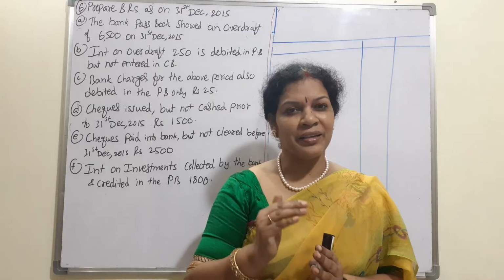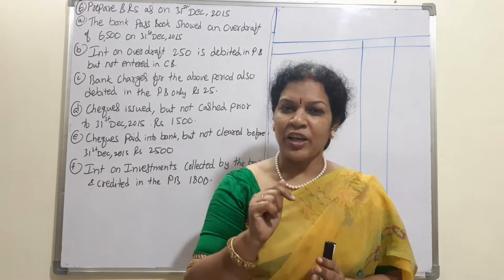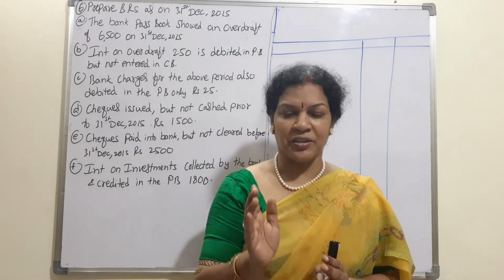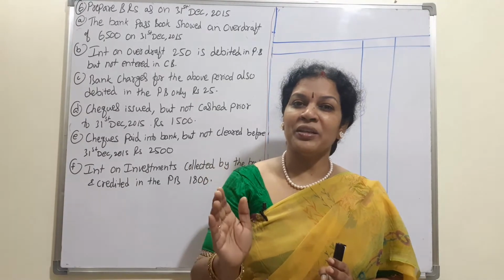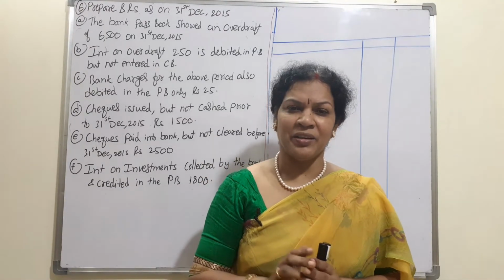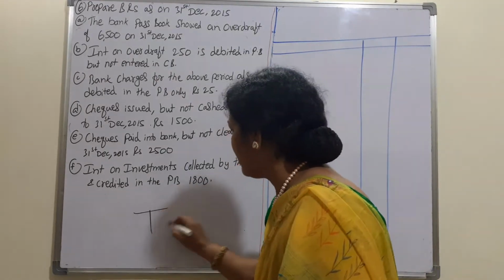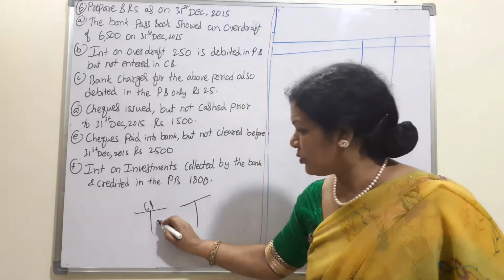Or otherwise, if I have to tell you in depth, say in the cash book, if you are issuing any kind of check, it will be on the credit side of the cash book, and in the passbook it should be on the debit side. Overdraft balance is like this. Example, say we are issuing a 200 rupees check.